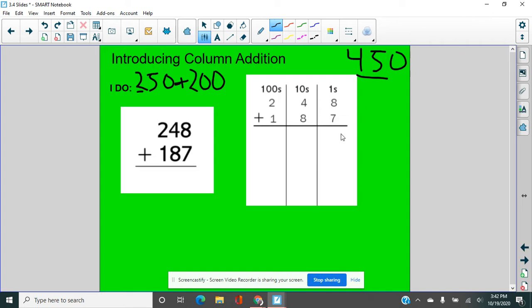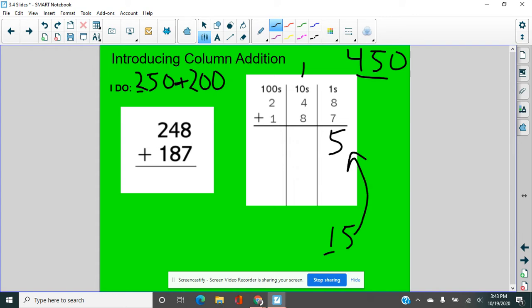Here we go. We are going to start with the ones place, on the right. 8 plus 7. Wow, that's the third time 8 plus 7 has come up. 8 plus 7 is 15. Now, instead of writing 15 like that, the 5 is going to go here, and then we're going to carry this group of 10, because in 15, that 1 is worth a group of 10.